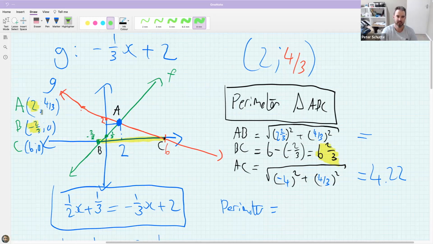And then I went 4 over 3 minus 0. Well, that's just going to give me 4 over 3. So I was just doing that. And then for AC, I just went 2 minus 6, which gives me minus 4, and 4 over 3 minus 0, which gave me 4 over 3.